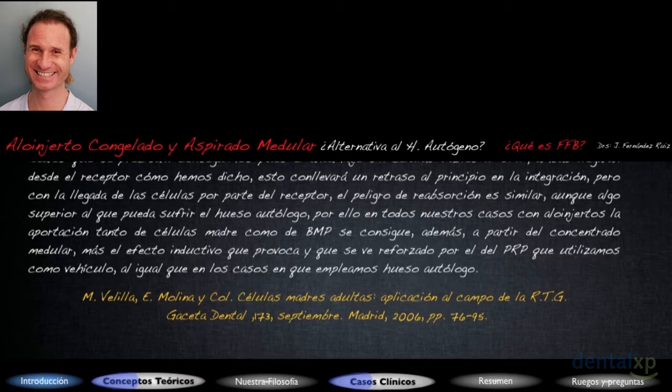It will have a collagen matrix and a mineral matrix as well. This will give some physical characteristics that will allow it to be very useful in the dental field.